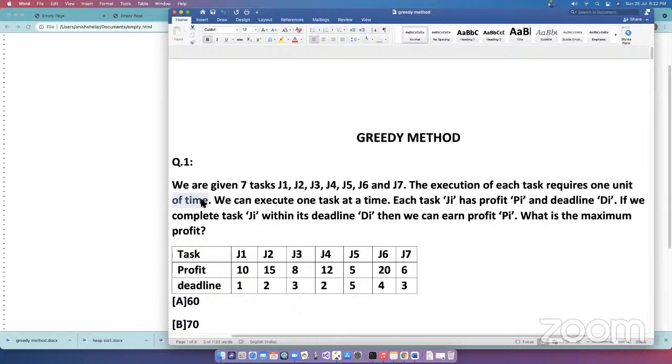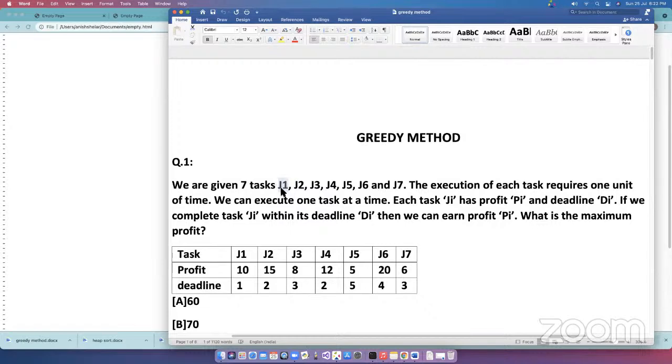What that means is, if you start this job J1 at time 0, let's say, let's start counting time from 0. If J1 is started at time 0, then it will end at 1. So this job will be done in just one time unit. So 0 to 1 is the time interval in which you are doing job 1.